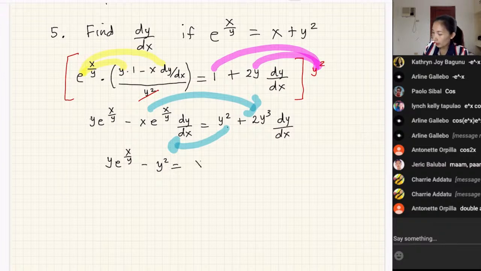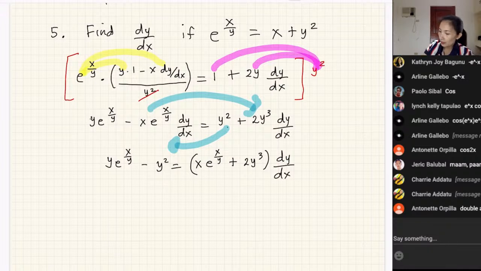x e raised to x over y plus 2y cubed dy over dx. And then finally, isolating dy over dx, we can now divide both sides of the equation by this.